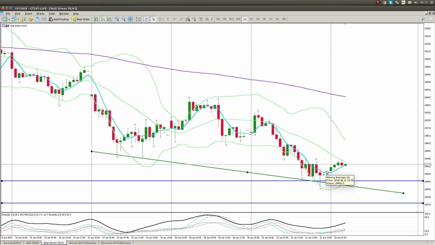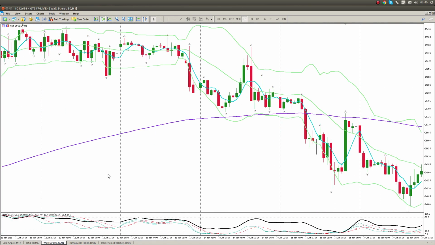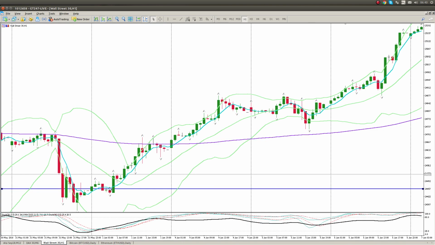So I'm still in two minds of whether I want to be in this or not. I did get in last night, and I'll use this level here. I pretty much got in at this level right down here, which if we move to the left, you'll see was a Brooks gap there.